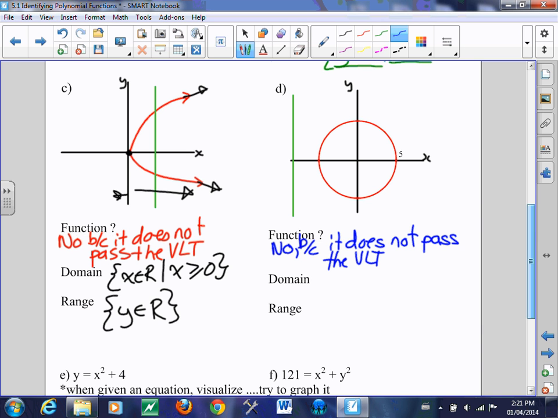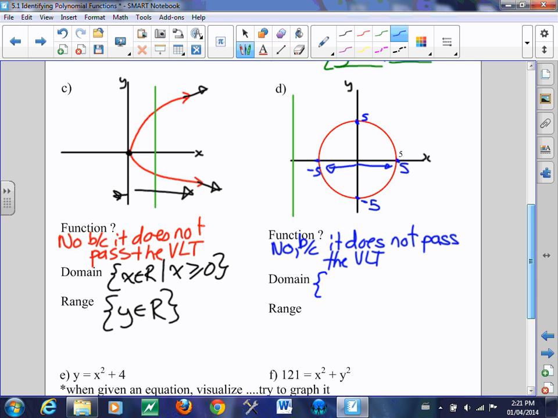Okay, our domain, we've got to be careful with this one. It says this is 5, and if we know this is a circle and it's centered, that's 5. My lower limit is going to be -5, as long as it's centered on the origin like it looks like. So for my domain, I can start and go to the right, however I'm stuck at 5. Same as I go to the left, I'm stuck at -5.